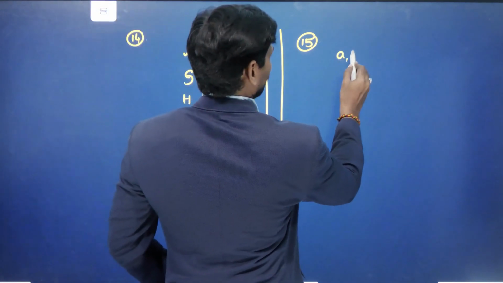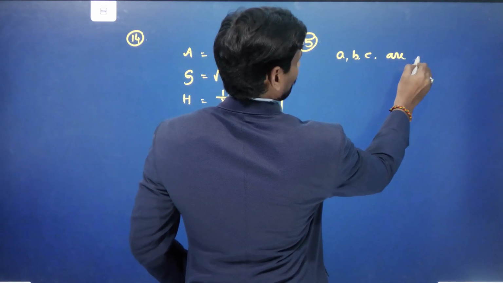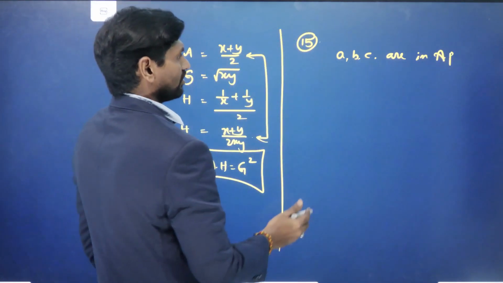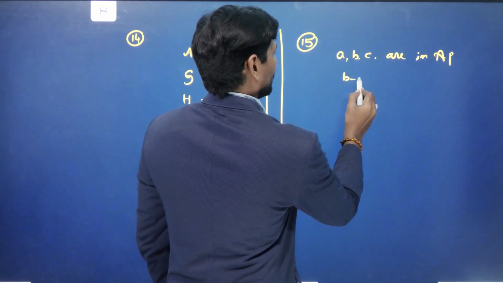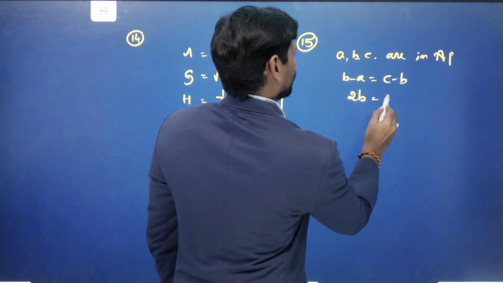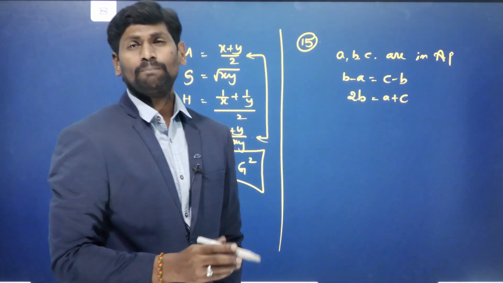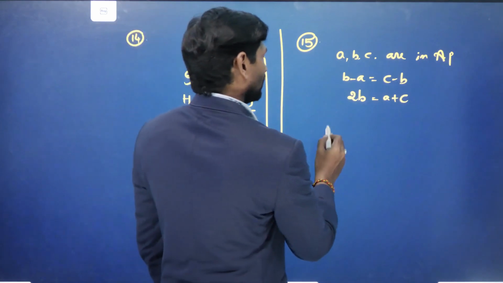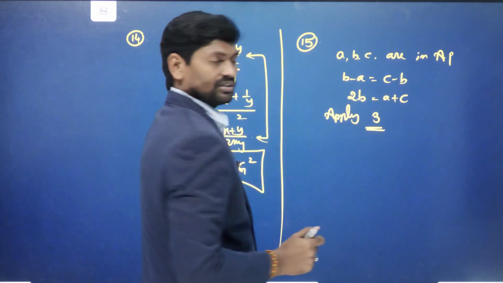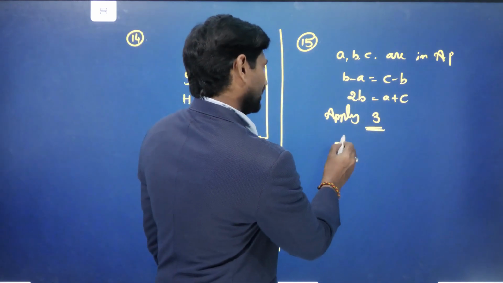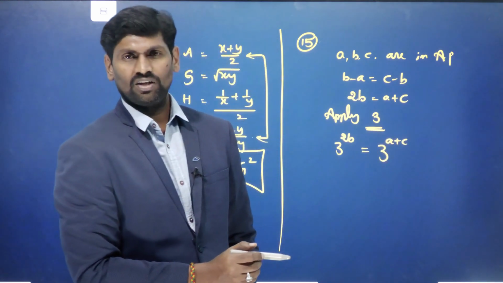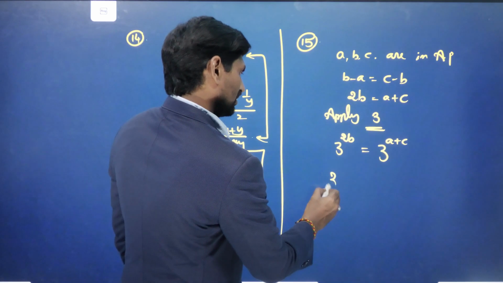For example, if A, B, C are in AP, according to the problem, we can write B minus A equals C minus B. So simply 2B equals A plus C. Apply 3 powers. Then this will be 3 power 2B equals 3 power A plus C.